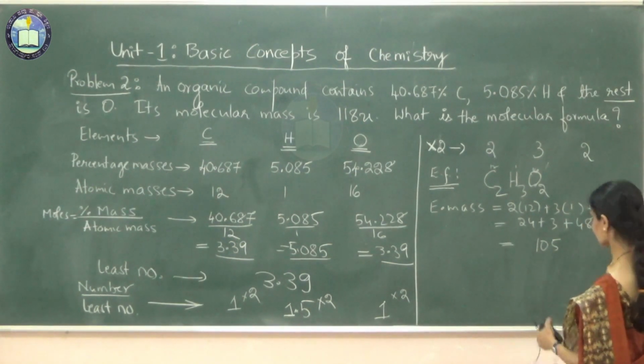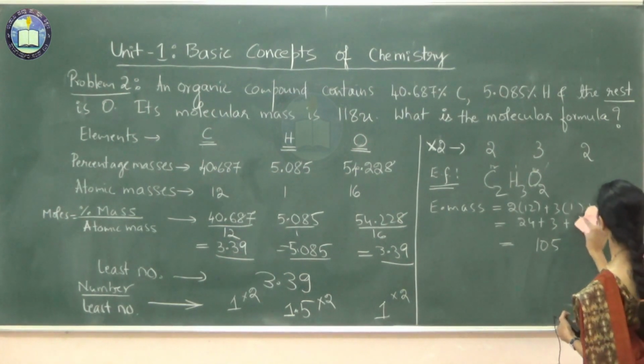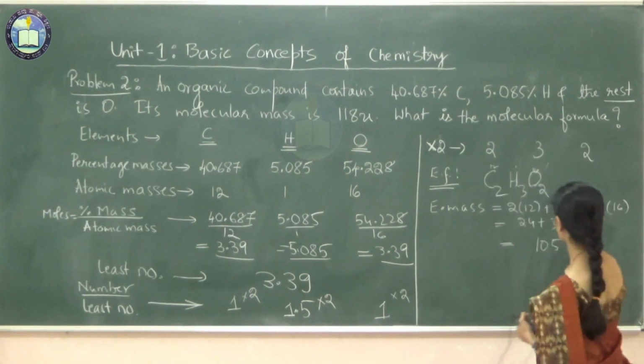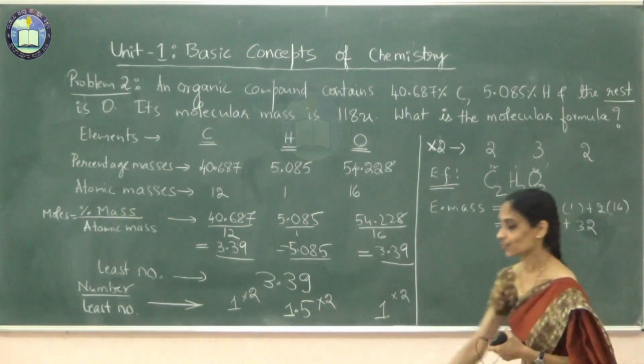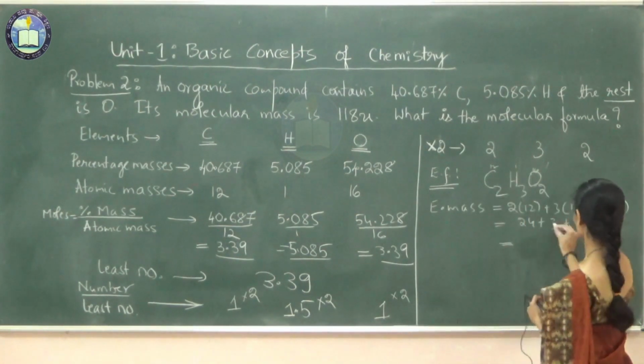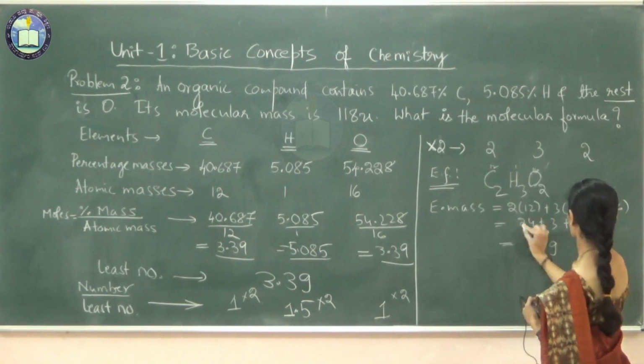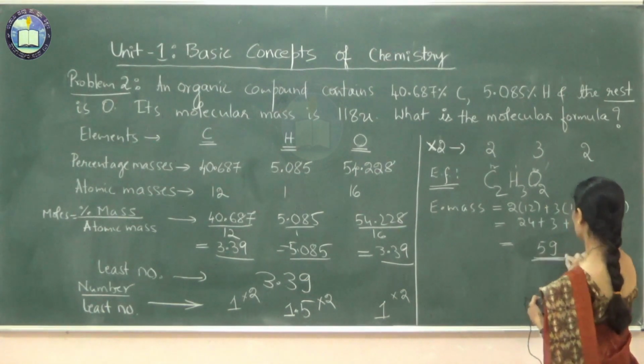I am sorry, here this should be 16 into 2, 32. So the sum will be 59.